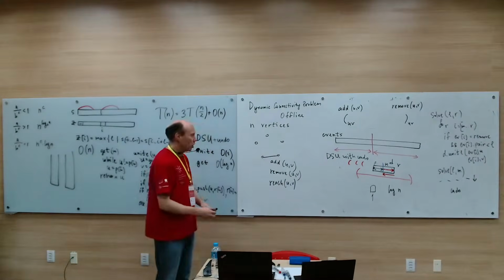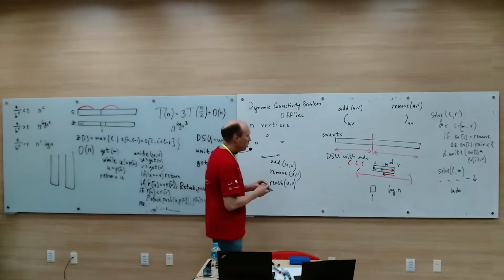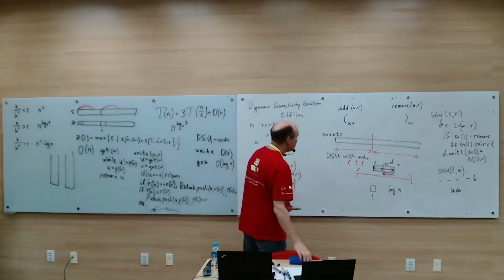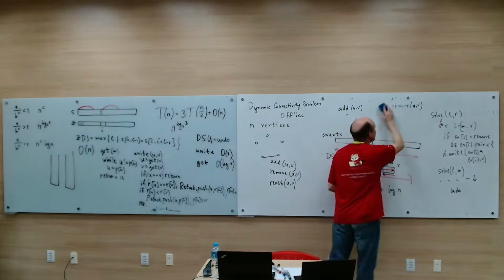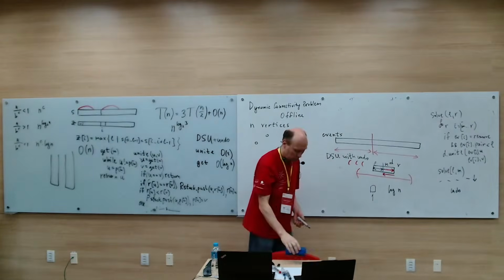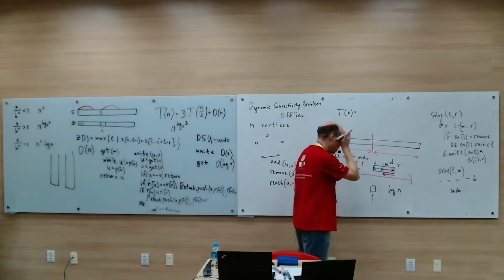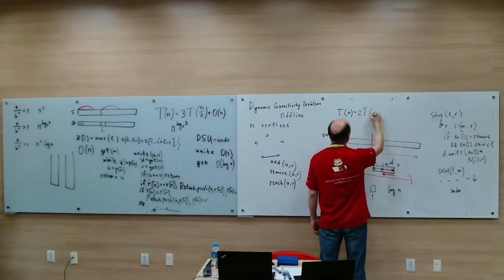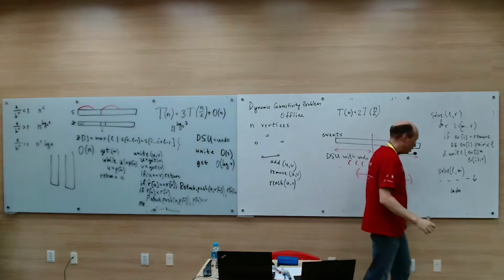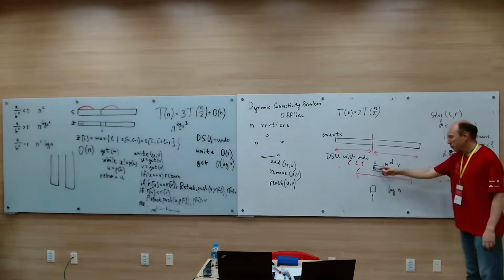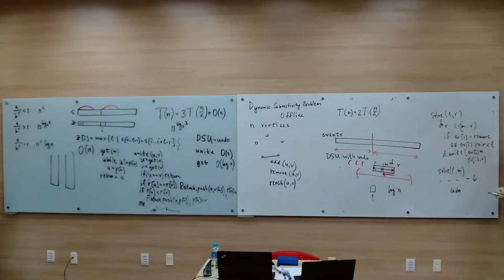So what about the time complexity of this solution? T of n is twice T of n divided by 2, and now about the divide and conquer phases.